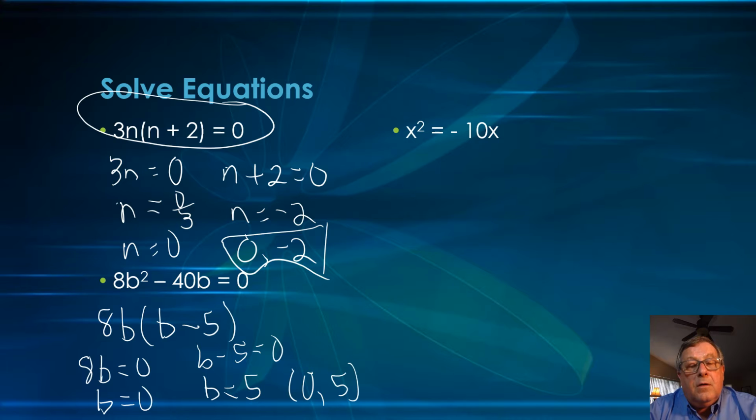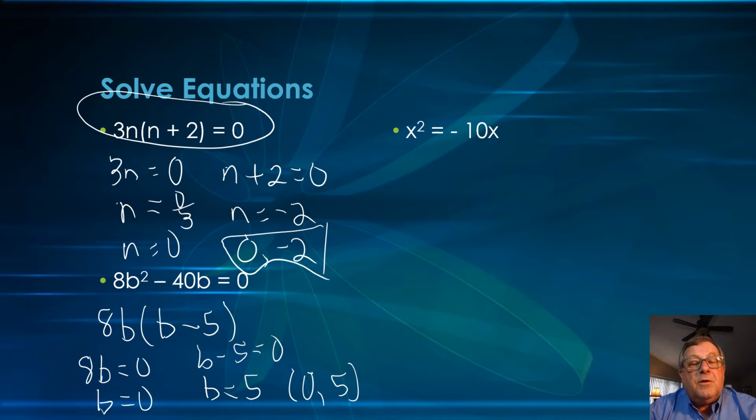But then I got a negative 40 times 5. Well, negative 40 times 5 is negative 200, and 200 minus 200 is, in fact, 0. So I've gone back and substituted in and proved that my solution set is either number 0 or 5.